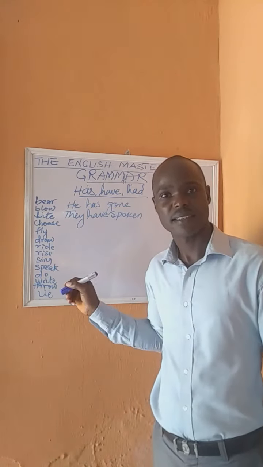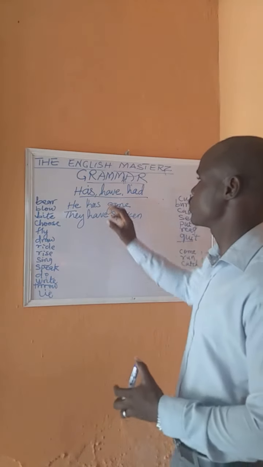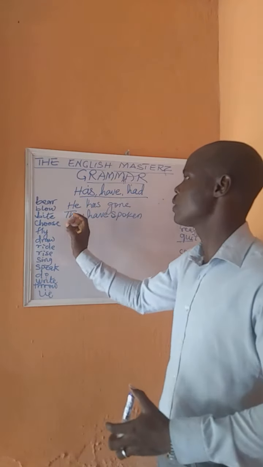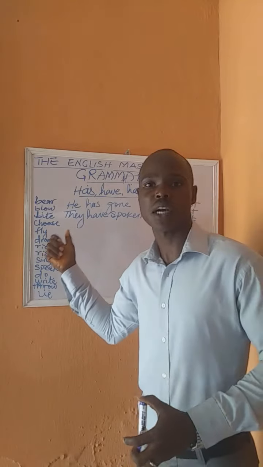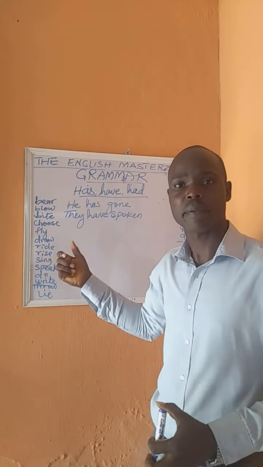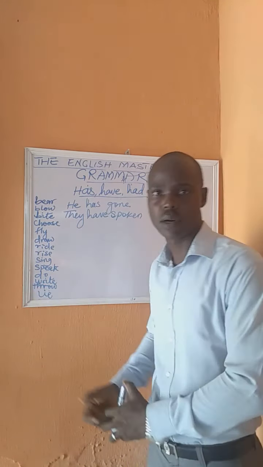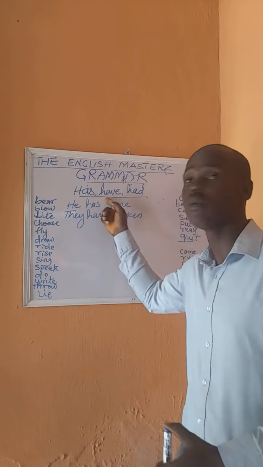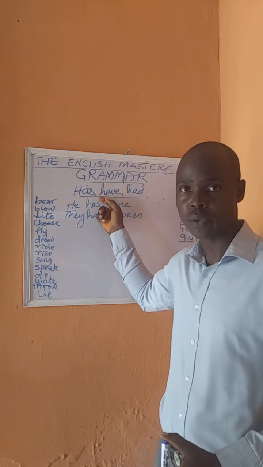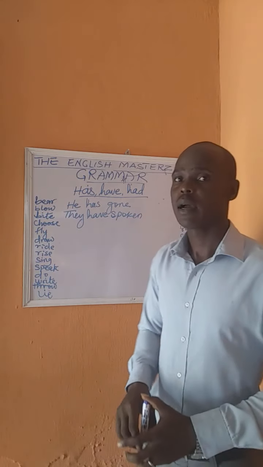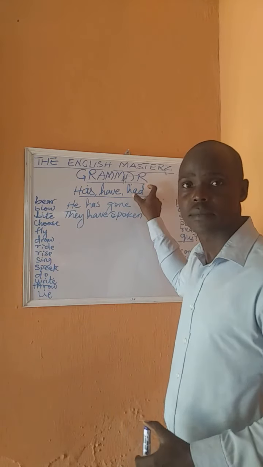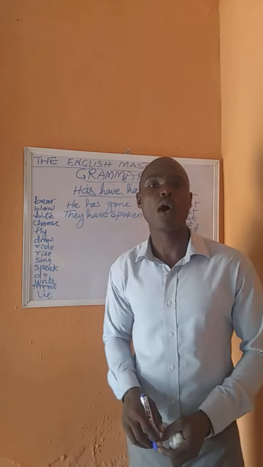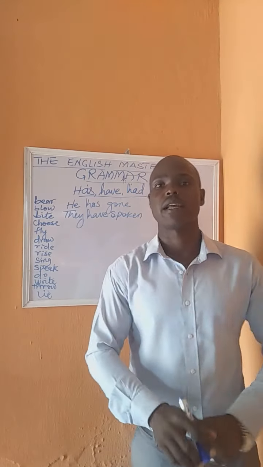Did you see that? So you see that we choose these verbs based on the form of the subject. Is it appearing in singular form or in plural form? That's what determines which of these two we will choose. So please take note of that. However, had is the past form of both has and have.